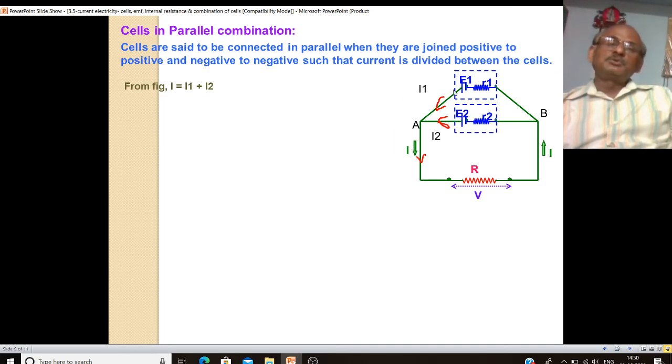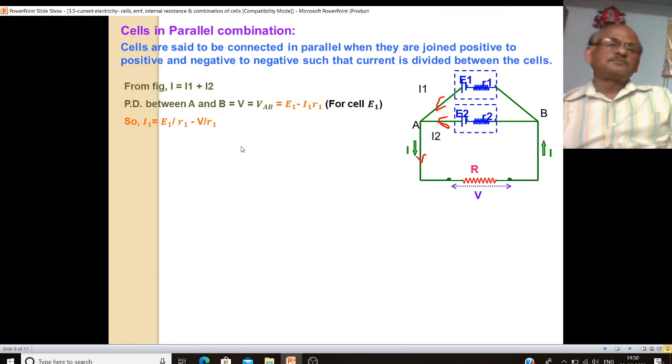Now if we use the circuit equation for cell 1 and cell 2, we will get, see, VAB for cell 1 equals E1 minus I1 R1. From here, I1 equals E1 by R1 minus V by R1. Similarly, I2 equals E2 by R2 minus V by R2.